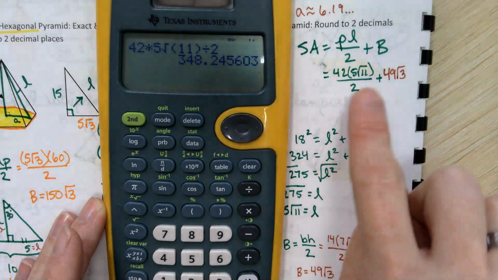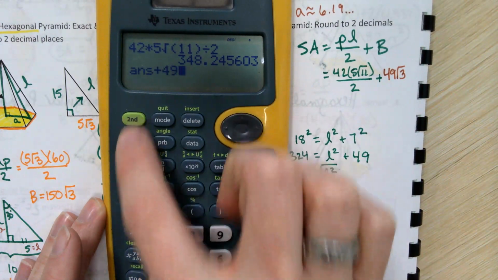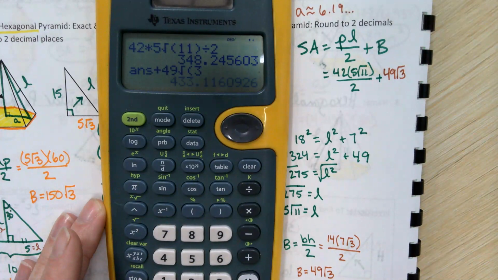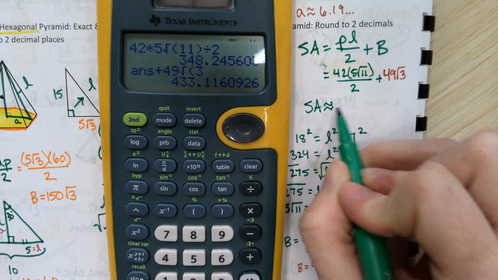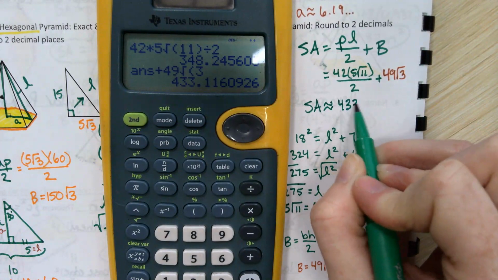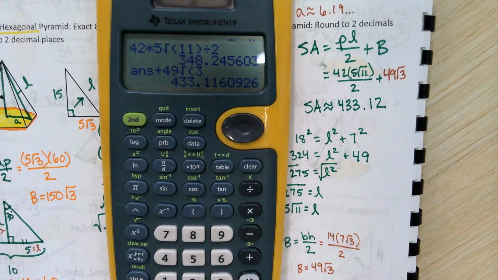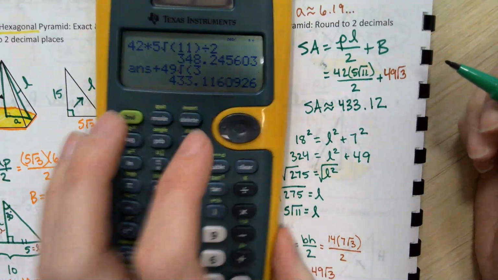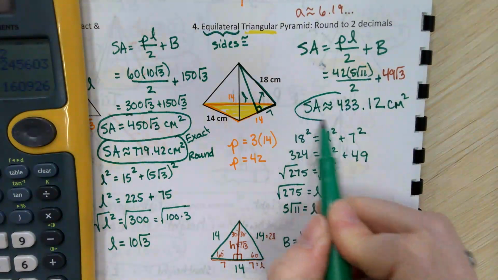So that's the first portion, PL over 2, plus 49 root 3 for the base area. So that's going to give us a rounded surface area of 433.12 when we round it up according to our rounding rules. Sneak peek at the units, and we are in square centimeters.